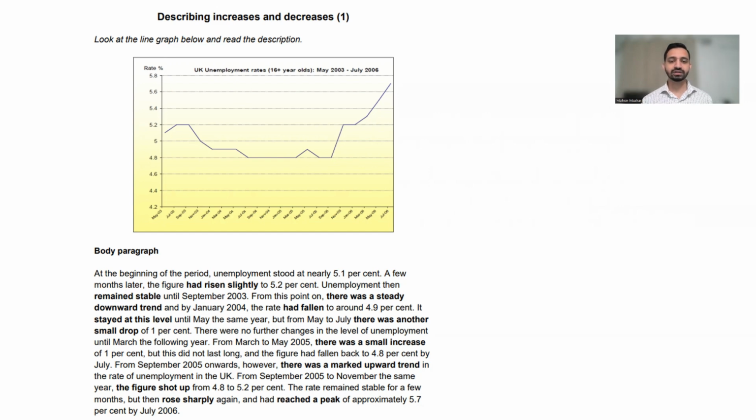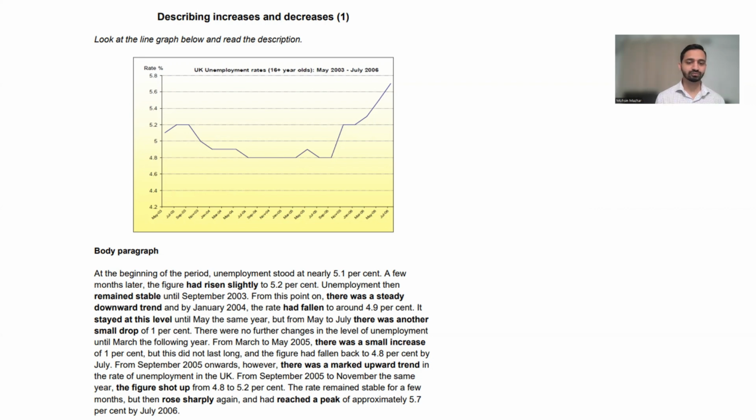From this point on, there was a steady downward trend, and by January 2004, the rate had fallen to around 4.9%. It stayed at this level until May the same year, but from May to July, there was another small drop of 1%. There was no further change in the level of unemployment until March the following year.